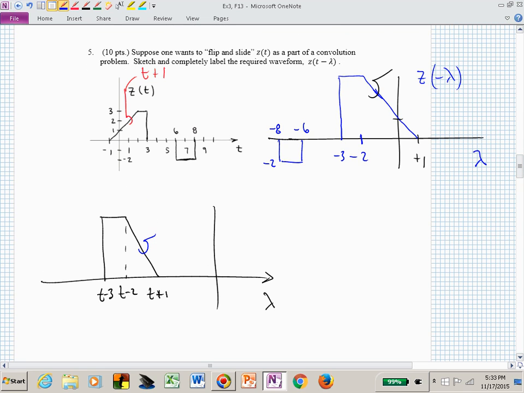Now instead of t plus 1 for z of t, we need z of t minus lambda. So this now becomes z of t minus lambda is now equal to t minus lambda plus 1. And what else do we have? We need to not forget this additional piece, where this is now t minus 6, this is t minus 8, and this has a value of -2.